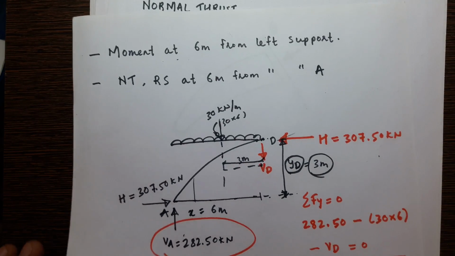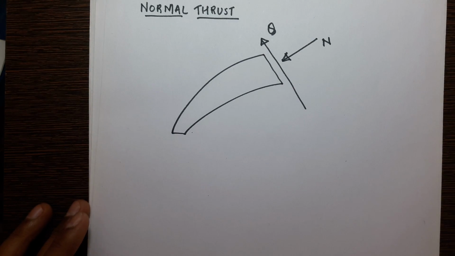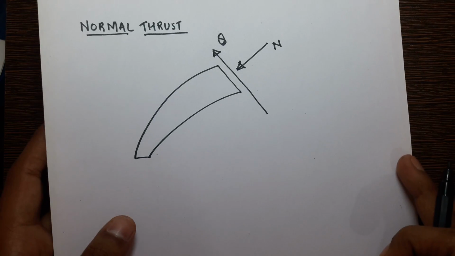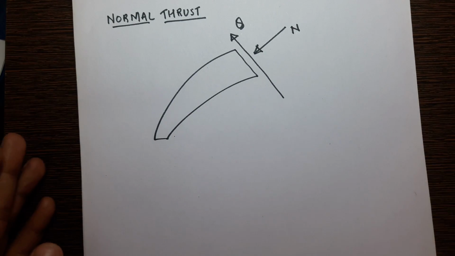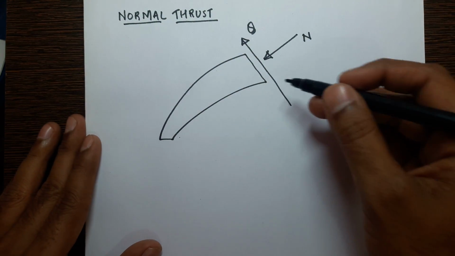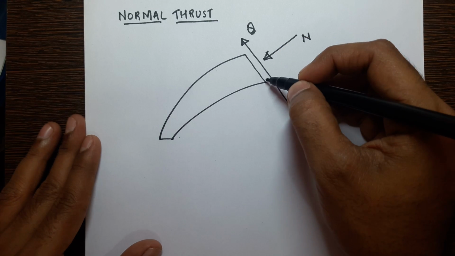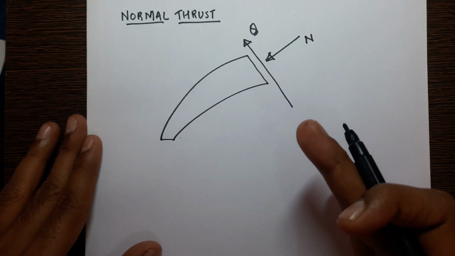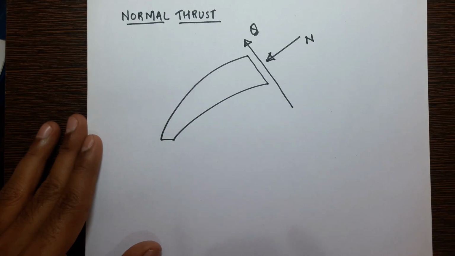Before that, we will understand what normal thrust is and how the formula for normal thrust is derived. Normal thrust is normal to the plane, and radial shear is along the radial direction. So that's the name radial shear.